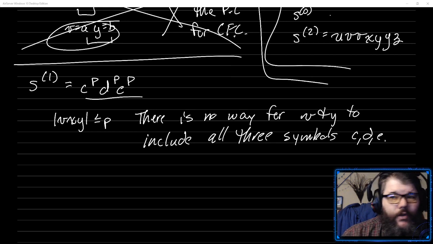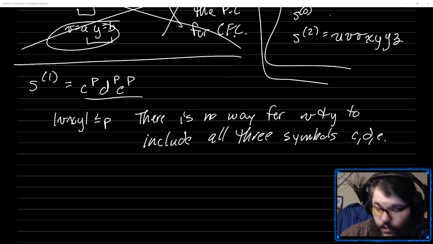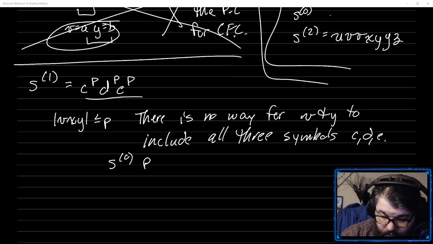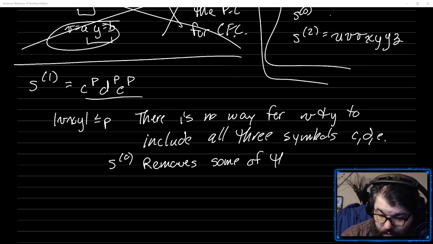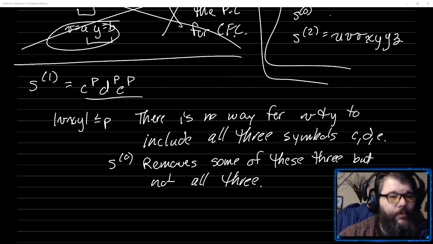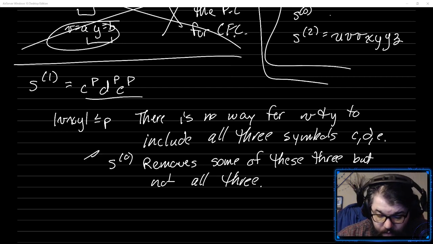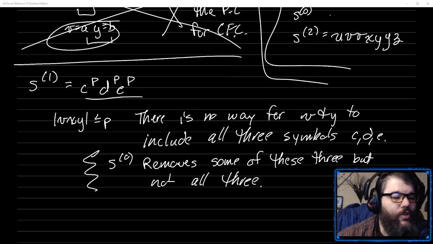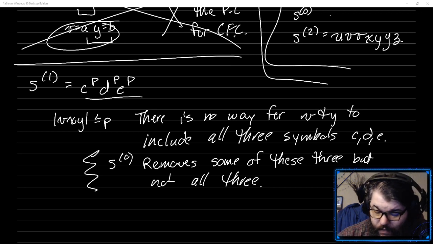And because there's no way for V and Y to include all of these, when we pump down, S0 removes some of these 3, but not all 3. And since we know that the language consists of an equal number of C's, D's, and E's, removing some is not good enough to stay in the language. So S0 is not in the language.